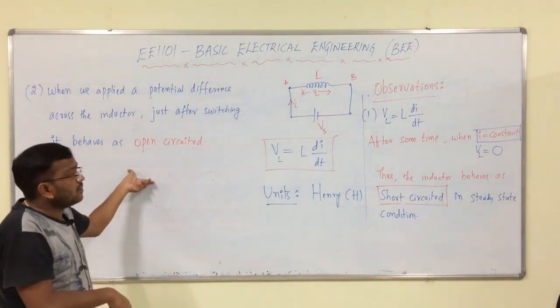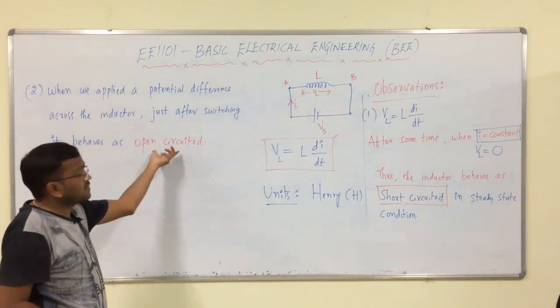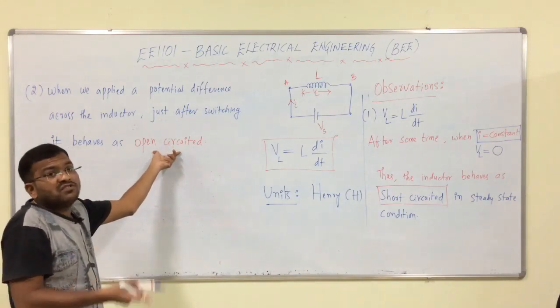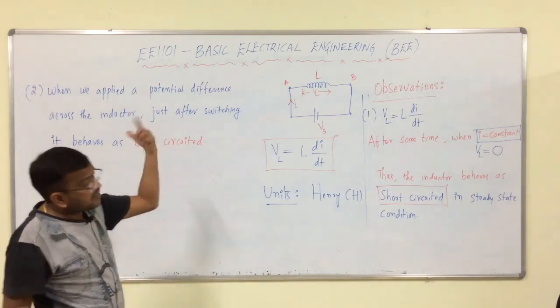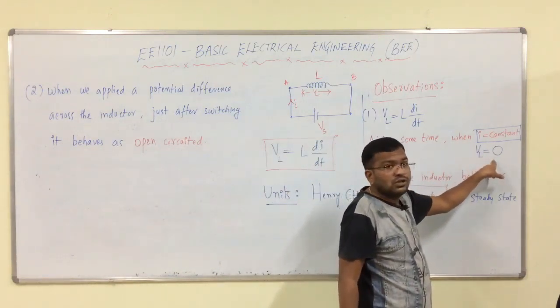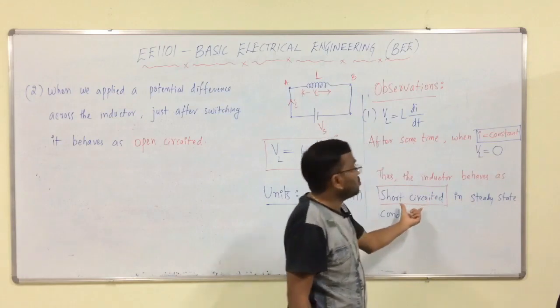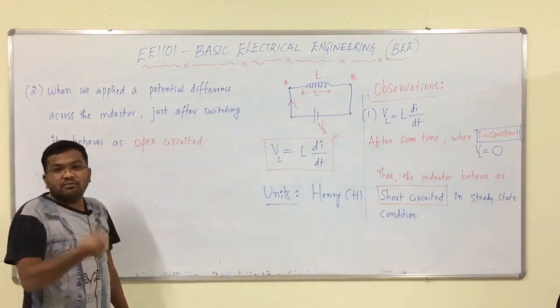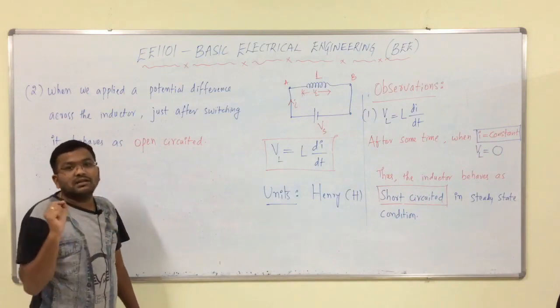After some time, in this meantime, what will happen? There is a possibility of change in current, but after some time the current is constant, therefore VL is equal to 0, which means it acts as short circuited. Simply, what will happen to the inductor if you provide DC excitation?